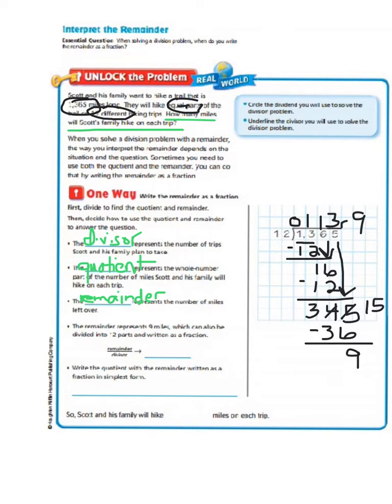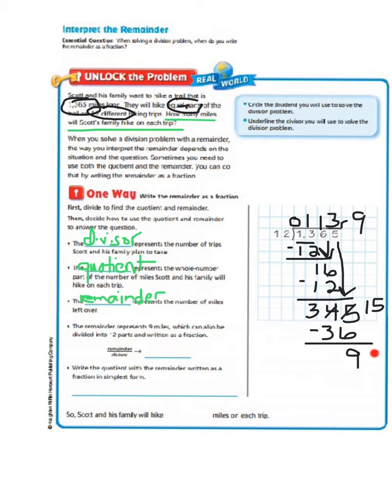But we need to see how we need to use that remainder. And if we come back over, it says the remainder represents 9 miles, which can also be divided into 12 parts and written as a fraction. So we start with our remainder. Our remainder now becomes our numerator.